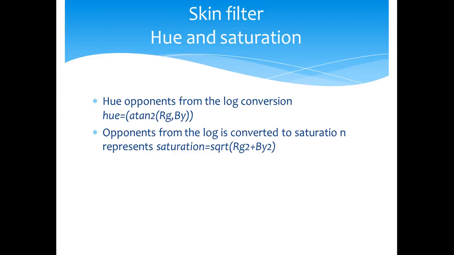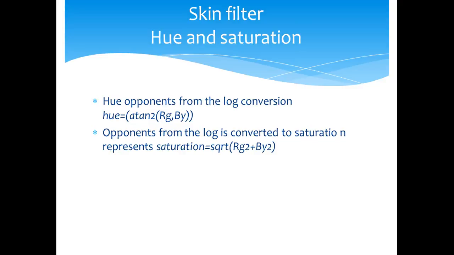And then we give this picture a hue and a saturation, which also improves the picture. We can see the hue components from the log conversion here, and the components from the log are converted to saturation as well.